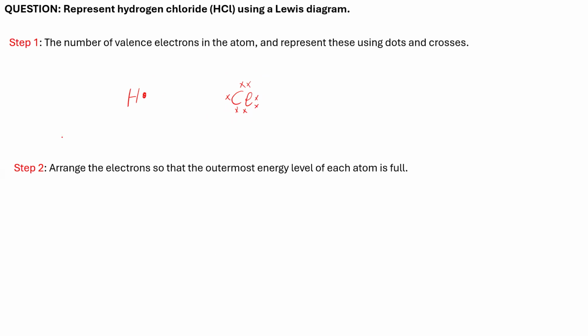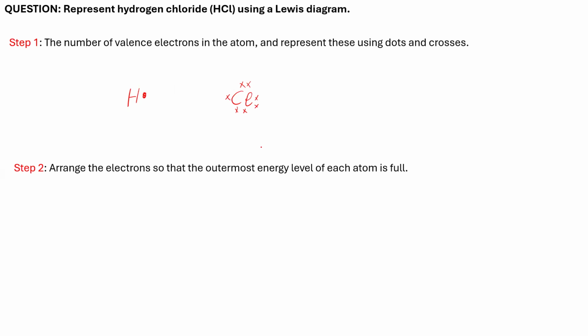And step number 2, which is the last step, this thing's not complicated. Step number 2, you arrange the electrons so that the outermost energy level of each atom is full. Like I said, hydrogen won't obey the octet rule.